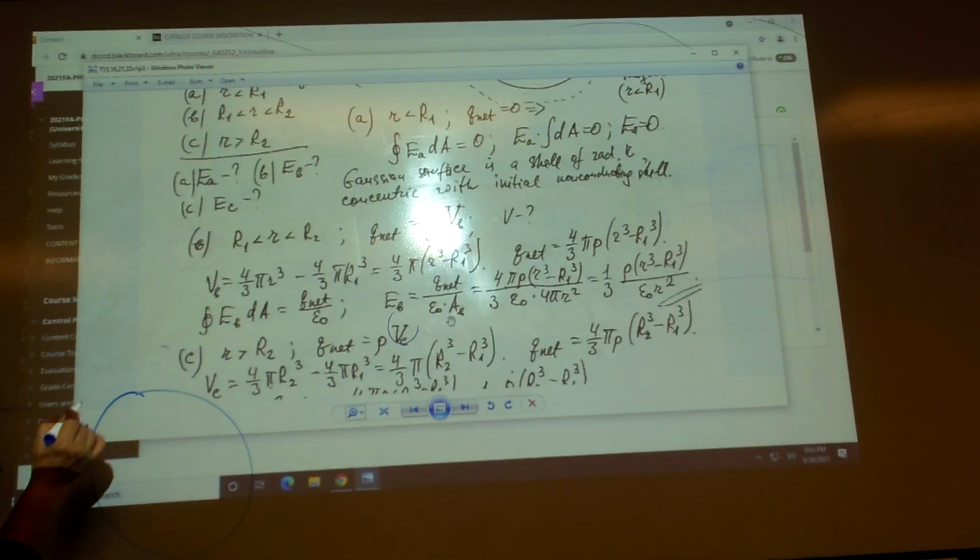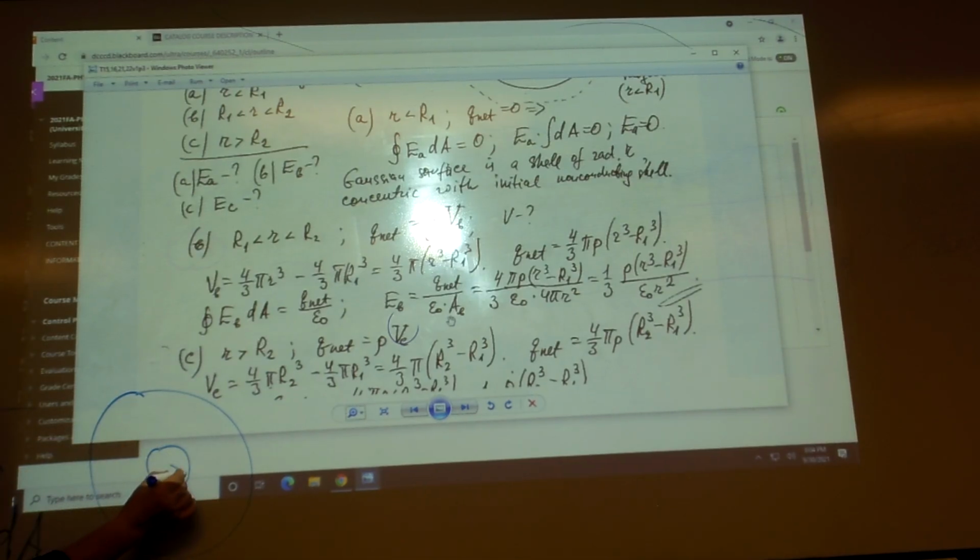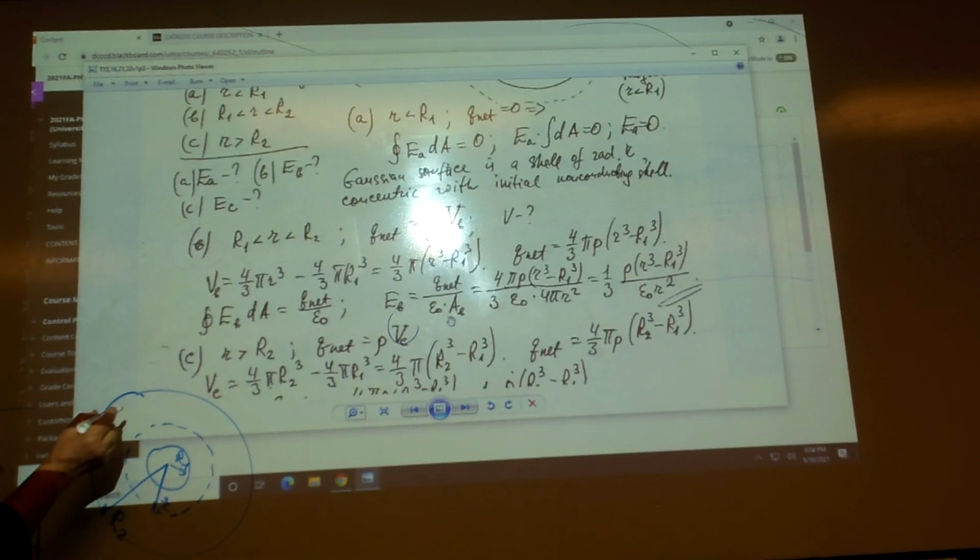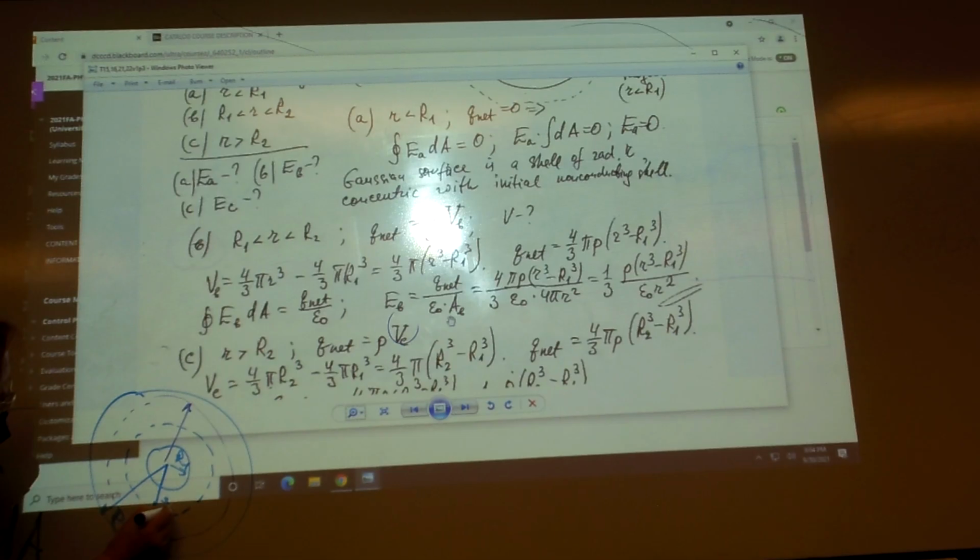So you need to keep in mind that here our R1, here our R2, and you see we could choose, maybe I want to choose this Gaussian surface radius R. But maybe someone wants to choose a little bit larger, right? Still, condition is satisfied. So to distinguish between those, let me write that as R small 1, R small 2.